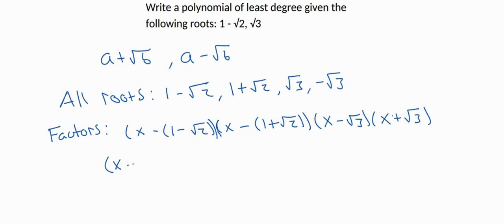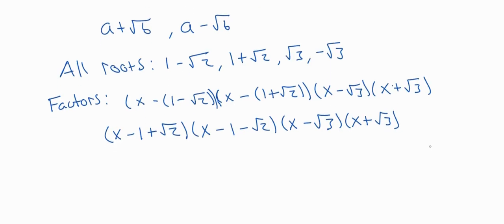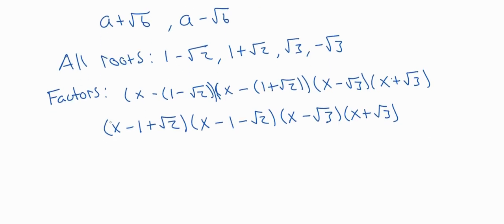So it's going to be x minus 1 plus square root of 2, x minus 1. I'm doing the same thing over here with distributing the negative. And so, let's leave these next two alone. Okay, and now I'm going to go ahead and write parentheses right here.